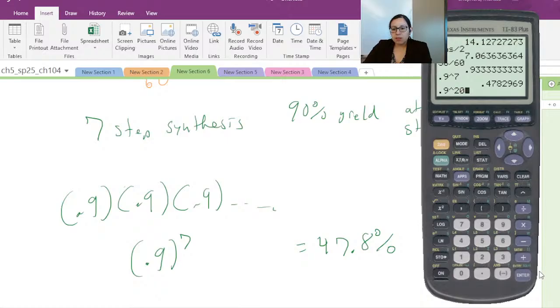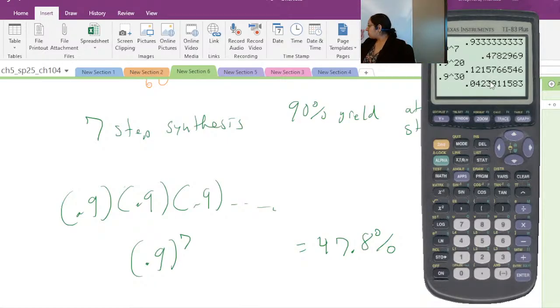You can quickly see how that diminishes: 20 steps already turns into a 12% yield, and using 90% at 30 steps turns into a 4% yield. Obviously we don't have to think about that in this class, but that's why chemists want to get as close to 100% yield as possible and why they might look for different reactions.